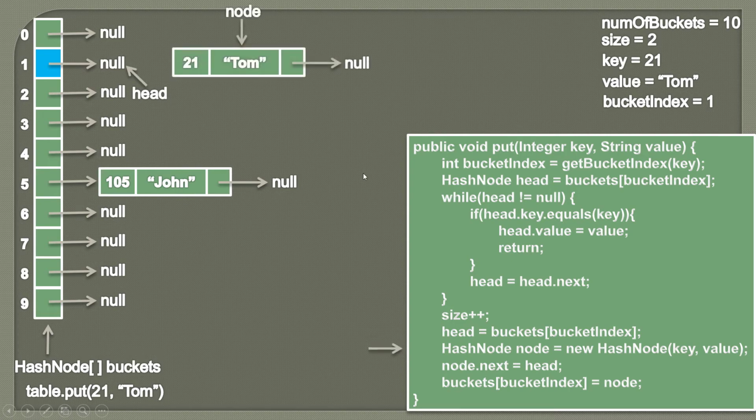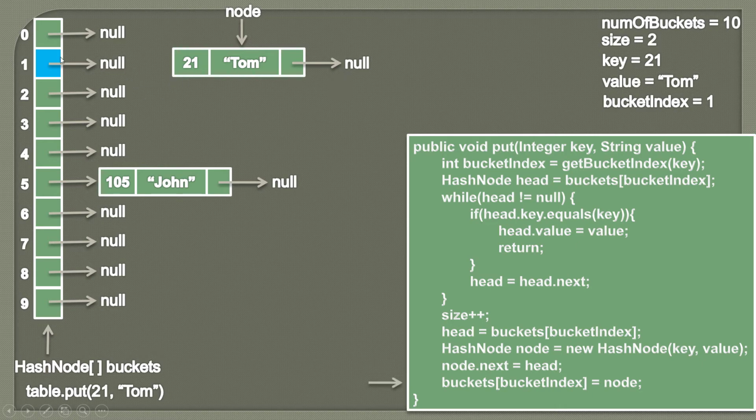We'll create the hash node with key as 21, value as Tom, and next pointing to null. And as we want to insert this node at the beginning of the list, first we assign the value of head to node's next. So head is pointing to null. So here node next will point to null.